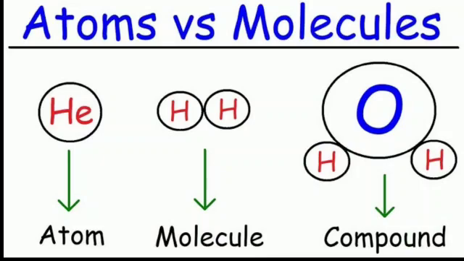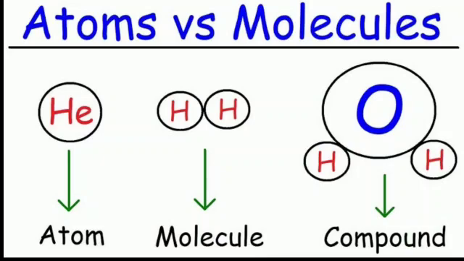So when molecules are formed by the same kind of atom, they are called elements. When molecules are formed of different kinds of atoms, they are called compounds. So as you can see in this picture, He is helium. Helium is an atom, and you should also remember that helium is a gas.